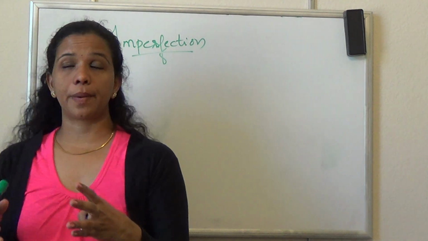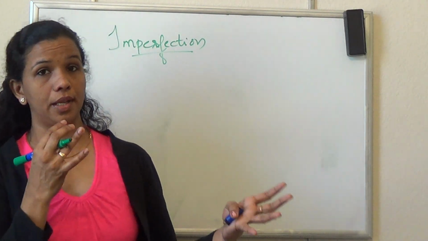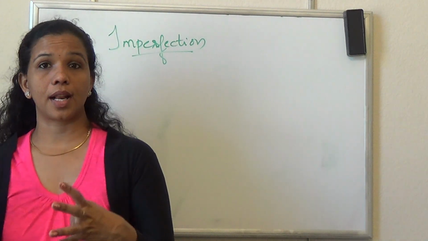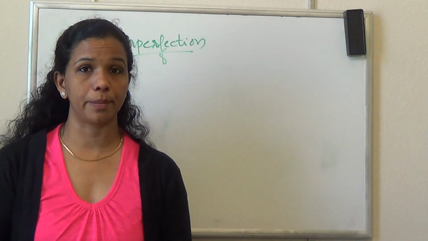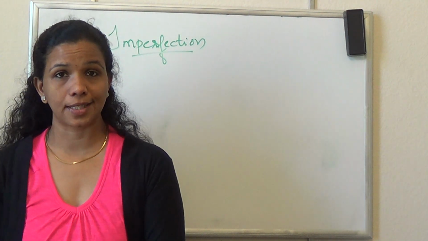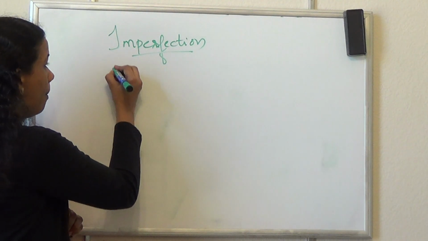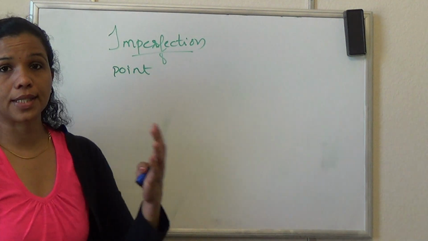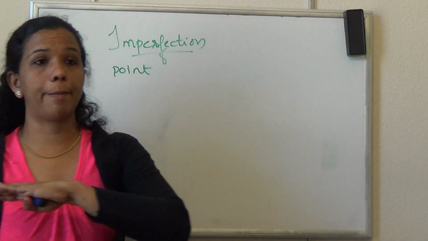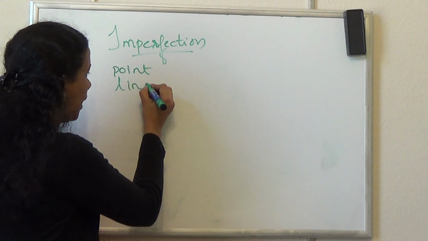We already learned that atoms are arranged at the corners, face centers, or body center. In some cases, some of the atoms from corners or face centers are missing; that type of imperfection is called a point defect. In some cases, atoms from a particular line are missing, that is called a line defect.